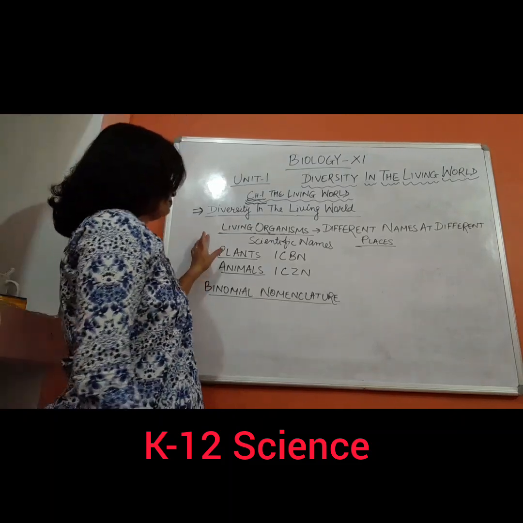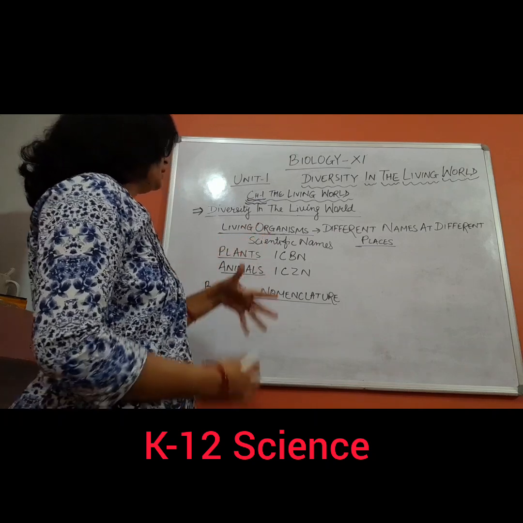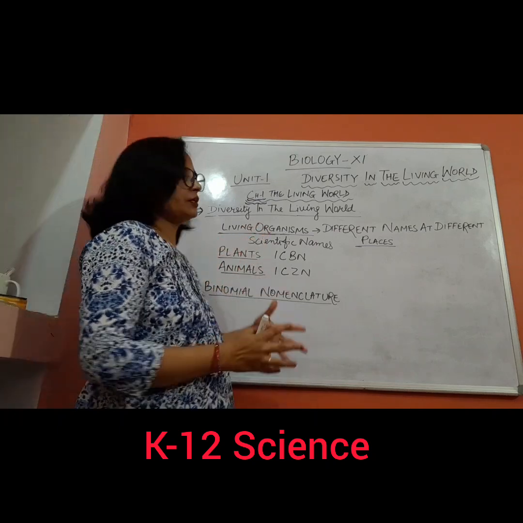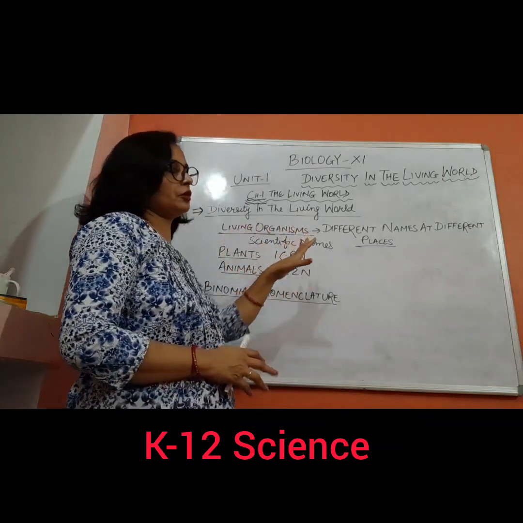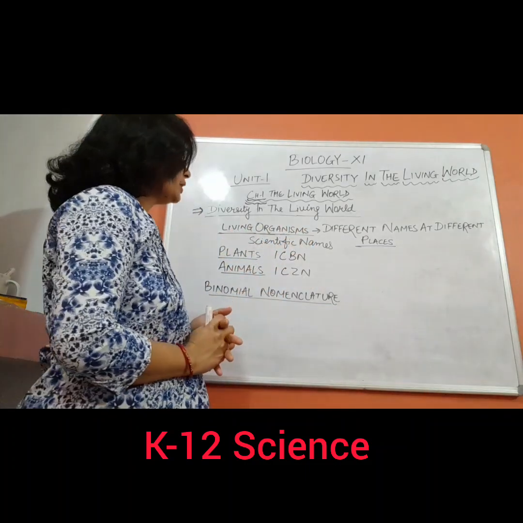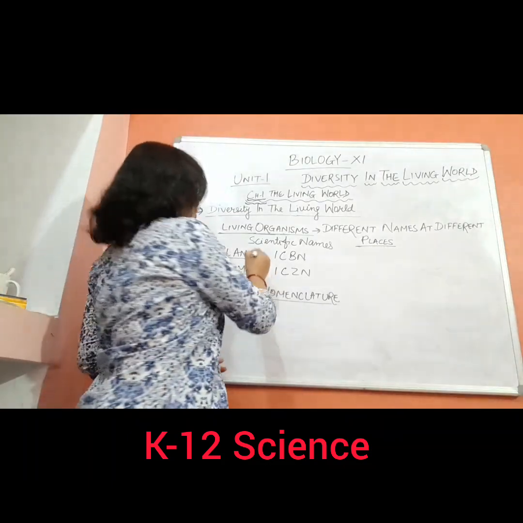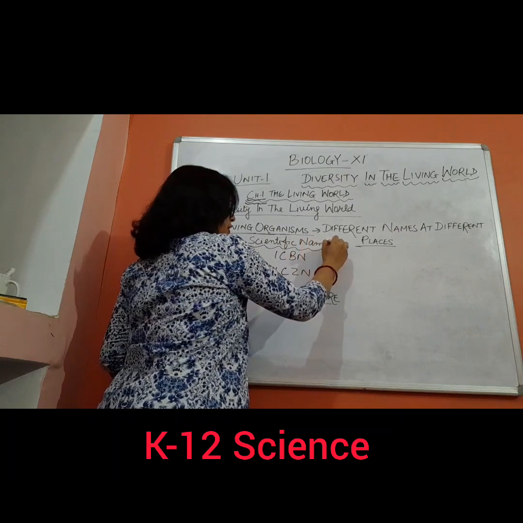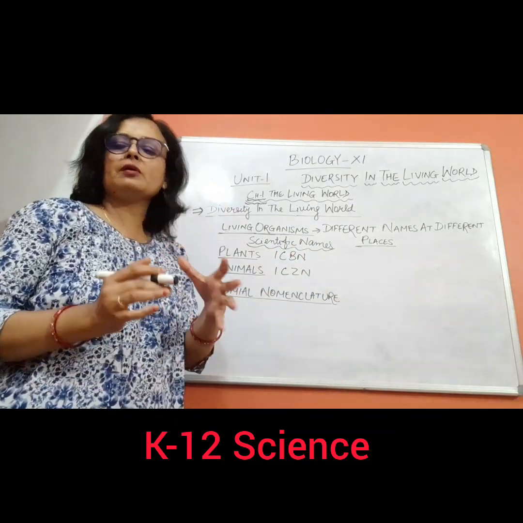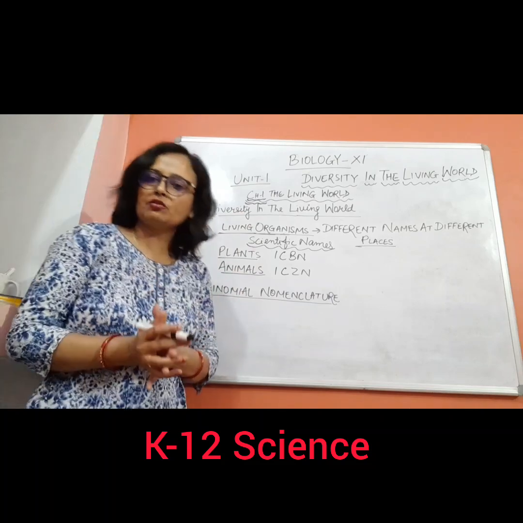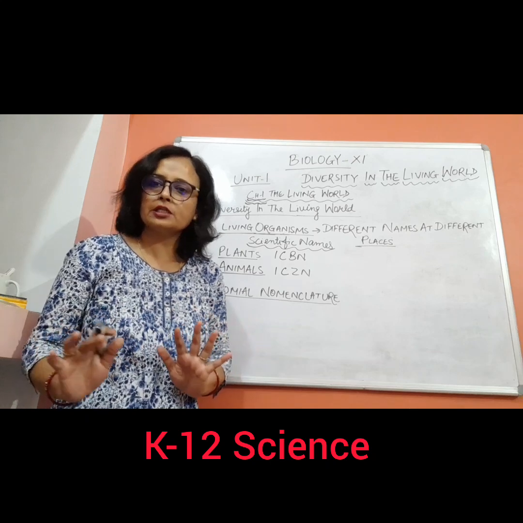Okay, so for identification, nomenclature and classification, what do we have to do for all this process? We have to give a particular name to a living organism. That is called scientific name. To give a particular name to a living organism which will be universal for the whole world.